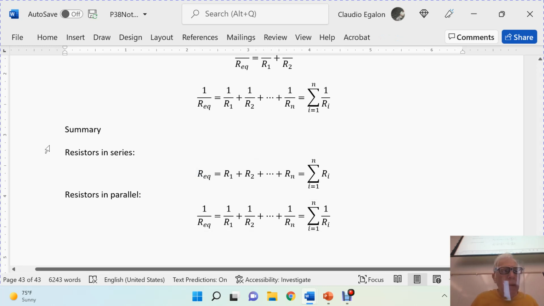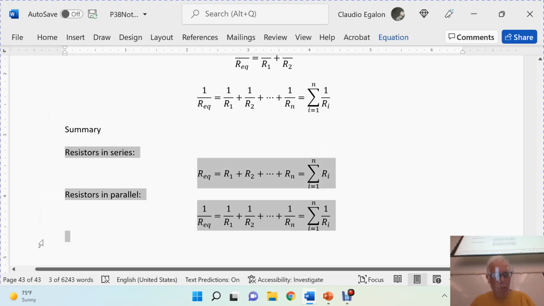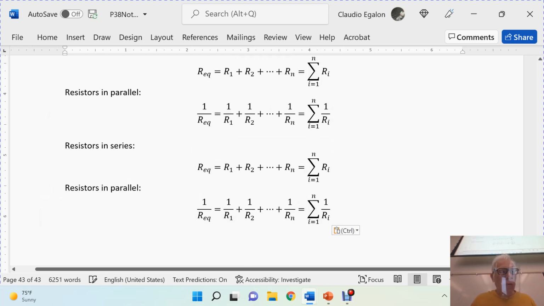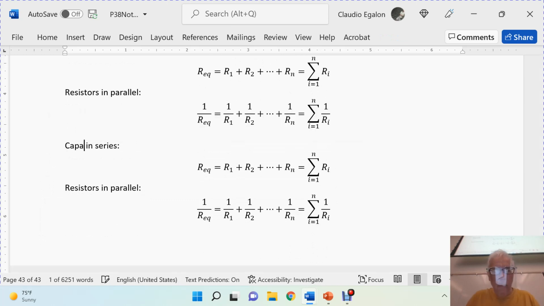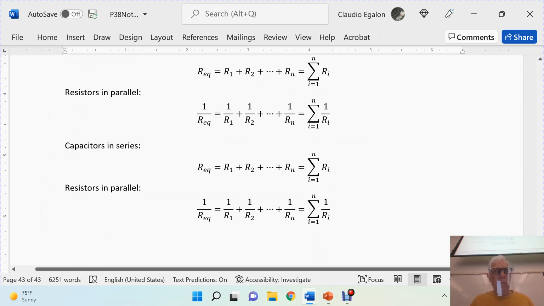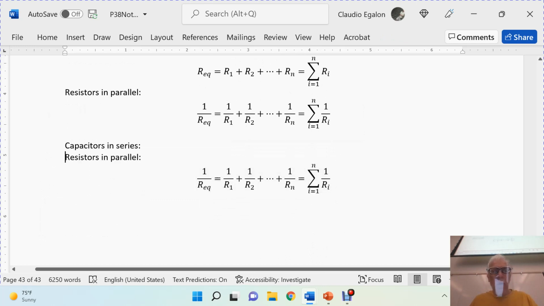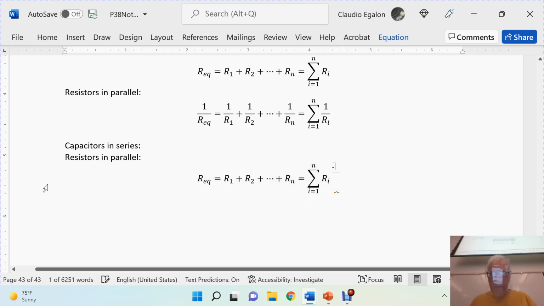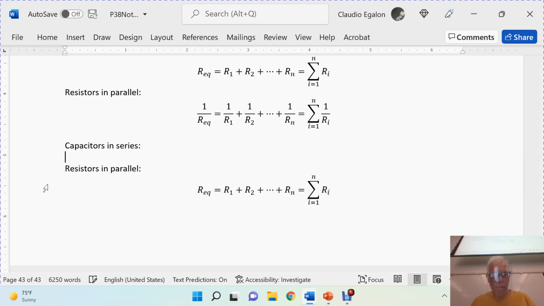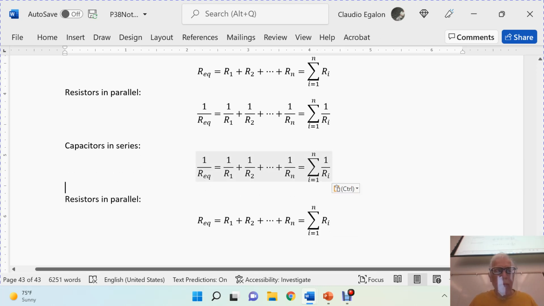Okay, and then we repeat for capacitors. Remember what we got for capacitors? Capacitors in series was the opposite, right? And then we have capacitors in parallel. Capacitors in series is like that.